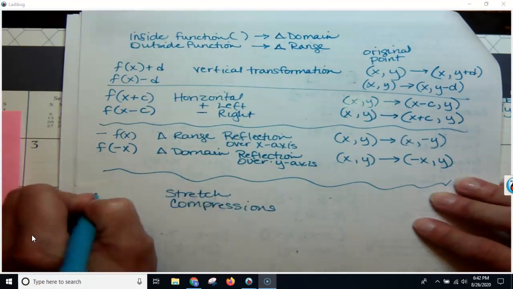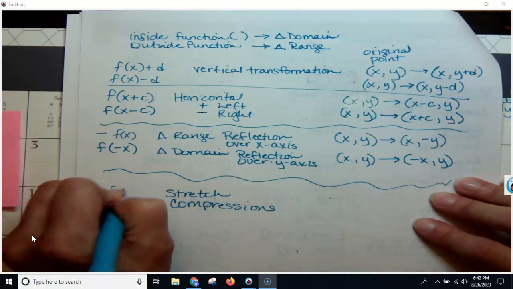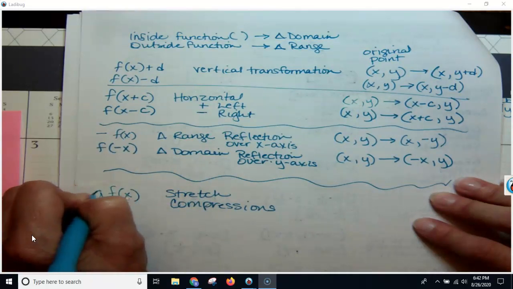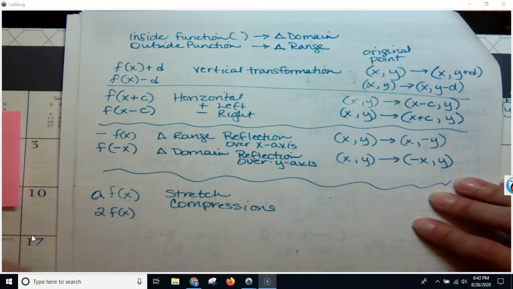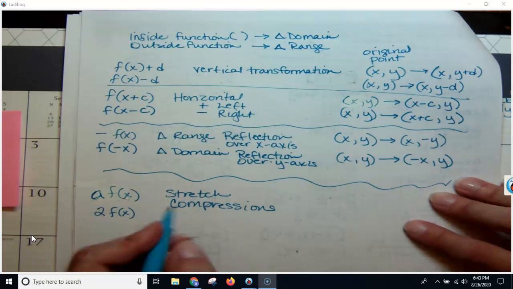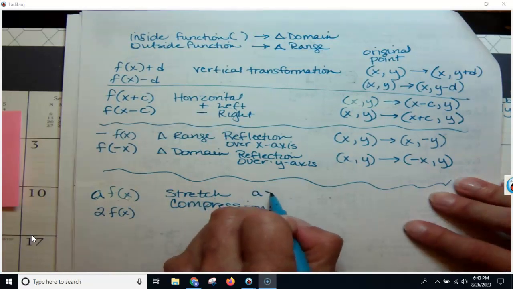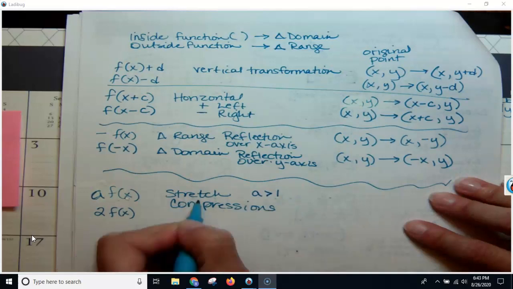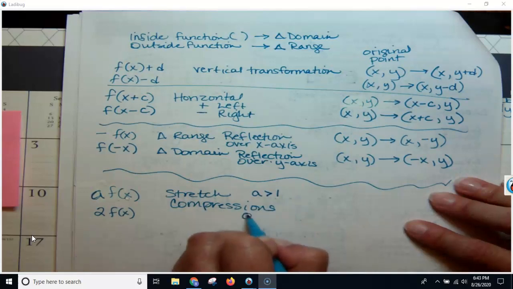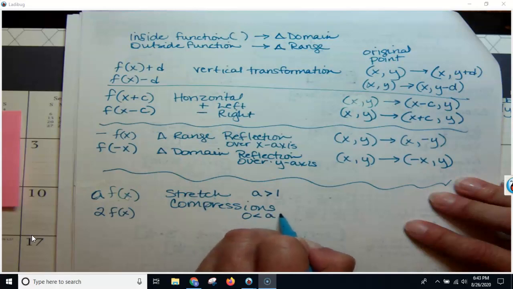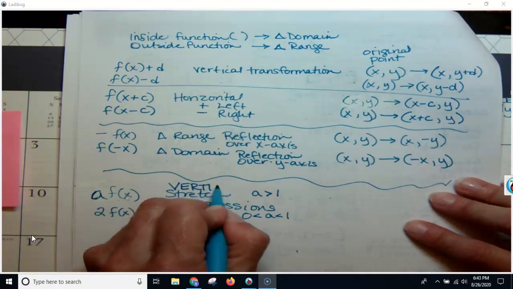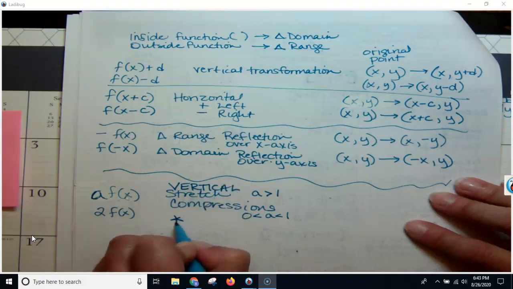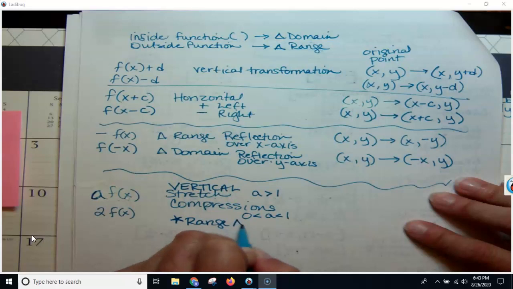So if I have a times f of x, where a is a number, so this would be like 2 f of x, when the a value is greater than 1, it is going to be a stretch. When the a value is between 0 and 1, it's going to be a compression in this situation. Okay, these are vertical. Makes a huge difference because in these our range is changing.